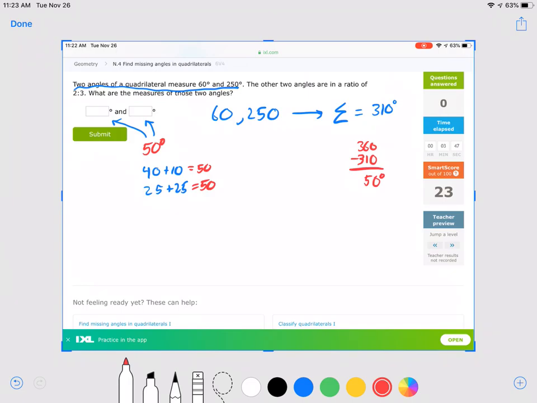But when you continue reading the question, it goes on to say the other two angles are in a ratio of 2 to 3. Okay. So let's recall something about ratios. So we got this ratio 2 to 3. Another ratio we can write from this one is that we have a ratio of 2 to the total of 5.